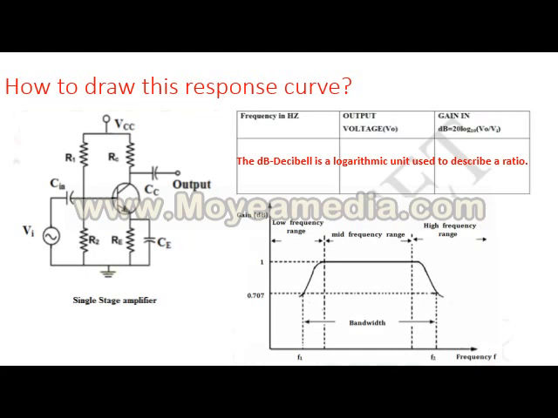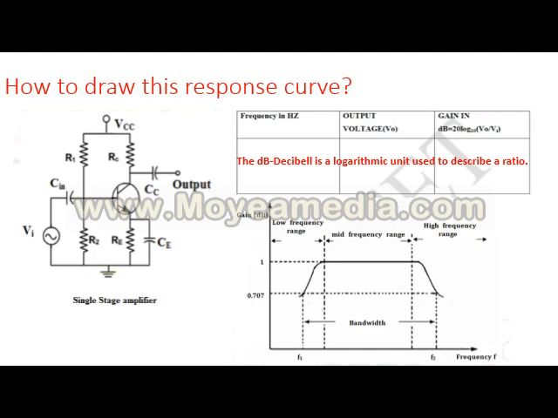Then change the frequency from 0 to maximum and note down the corresponding output voltage in the CRO, and from that output voltage calculate gain. The equation for gain is 20 log Vout divided by Vin. You have to calculate the gain for all frequency variations.